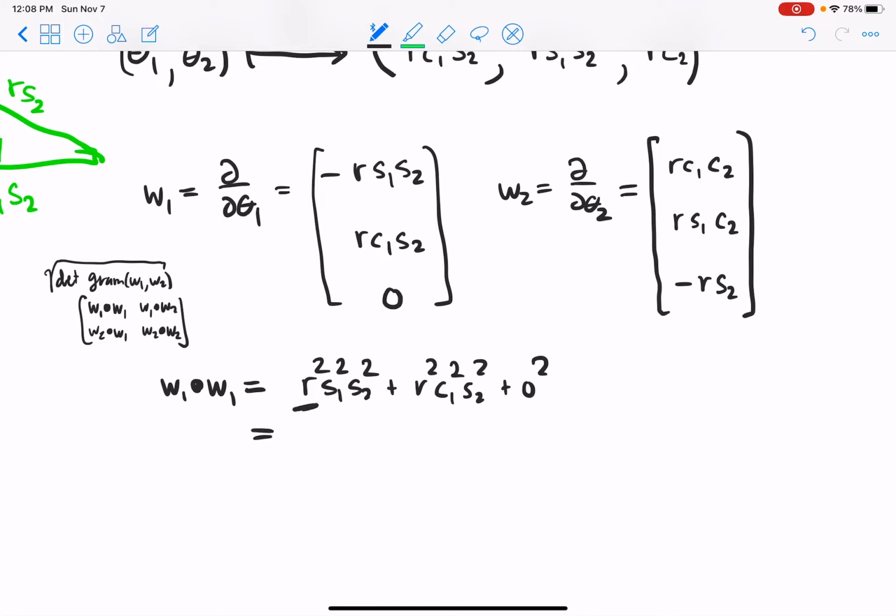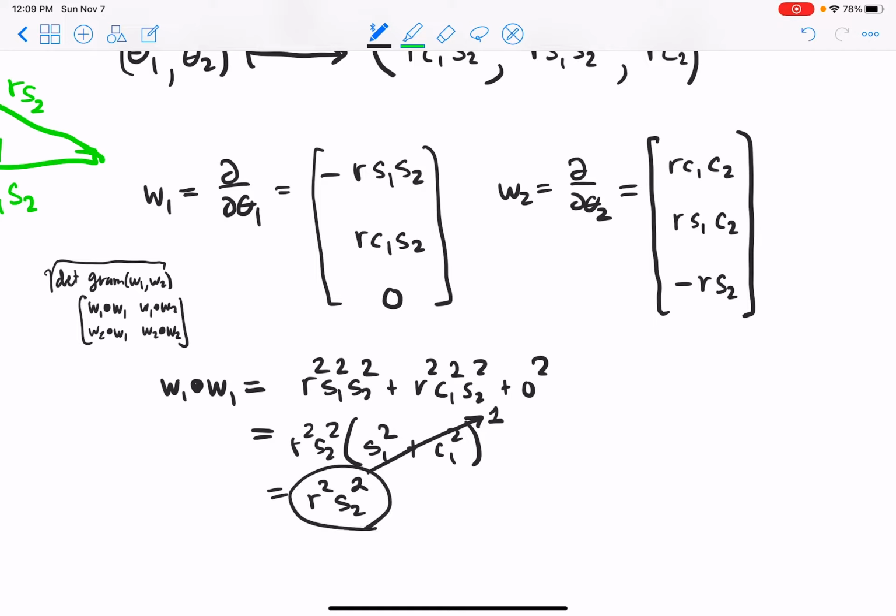Let's pull out the r squared, and I can pull out a factor of s2 squared, leaving s1 squared plus c1 squared. But cosine squared plus sine squared is 1. And so this is r squared s2 squared. So that's the first entry in our Gram matrix.